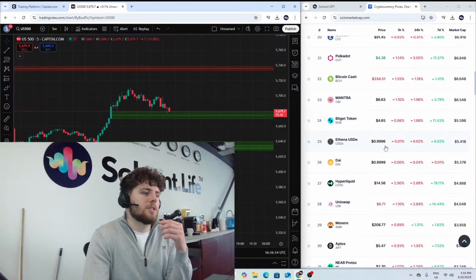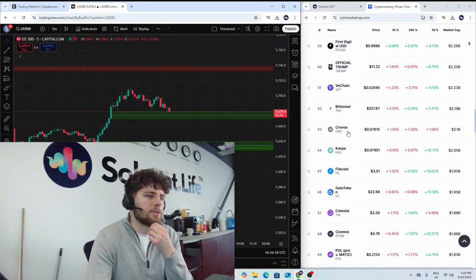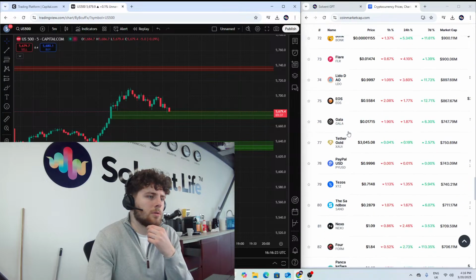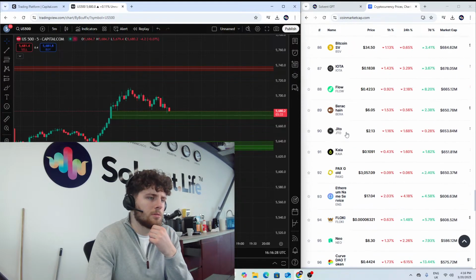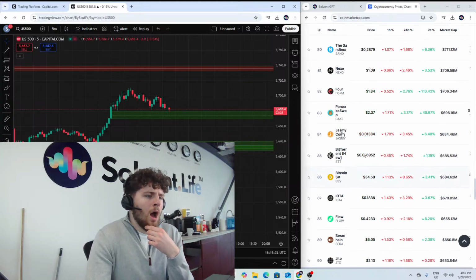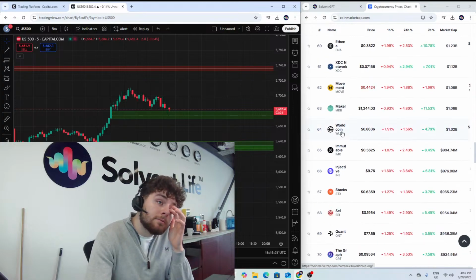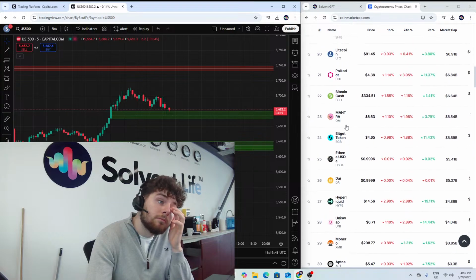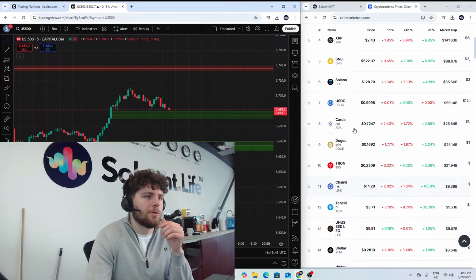Litecoin would be a very interesting one. Internet Computer is a strong one. Quant. BitTorrent is a good one. Toncoin is a strong pick.